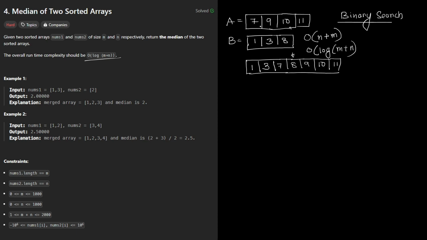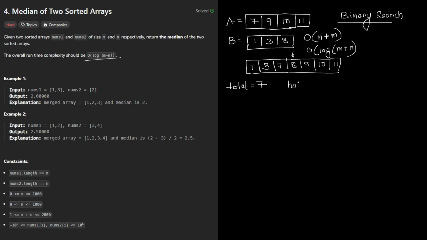So to do it, the first thing that we're going to calculate are some values. We're going to calculate the total. So total would be length of A plus length of B, which is going to be 7 in this case. And then we're going to calculate the half value to find the median.